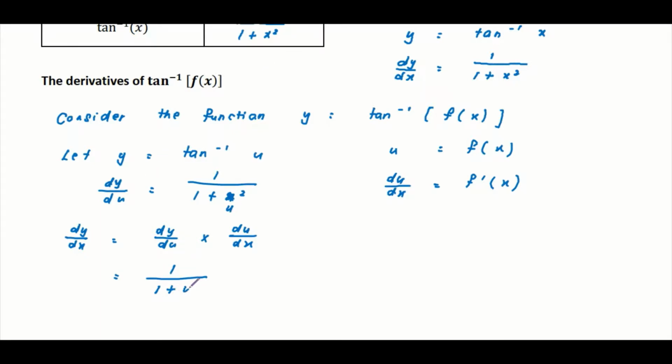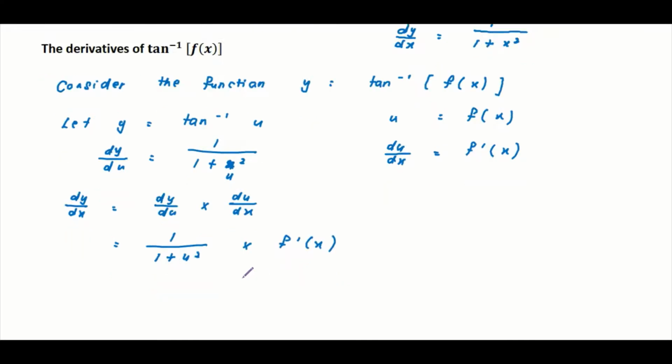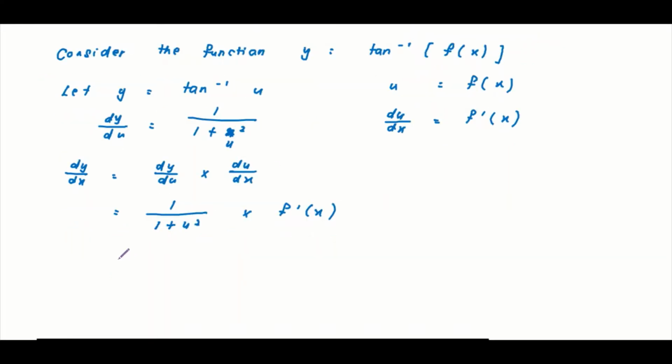So 1 plus u squared, then multiply with f prime x. Let's simplify that. u is a function of x, so you get f prime x divided by 1 plus f(x) squared.